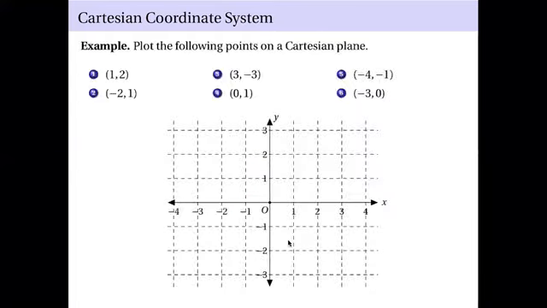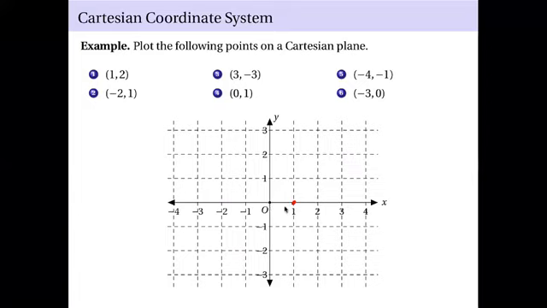Now, let's look at some examples. We want to plot the following points on this Cartesian plane. Here you have 1, 2 for number 1. As you can see, I already labeled which are 1s and 2s or -1, -2. This one is 1 unit from the origin along the x-axis.